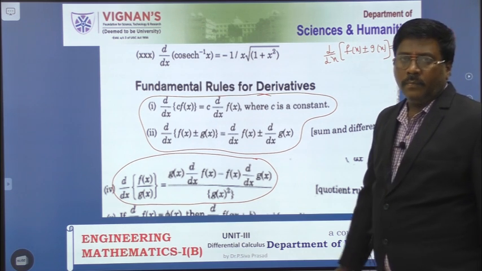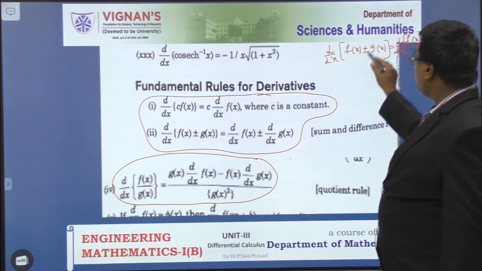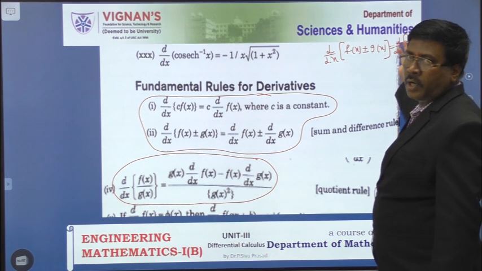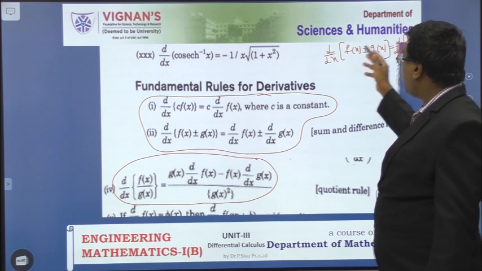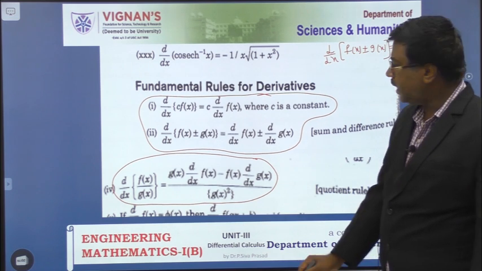When a function has addition or subtraction of different functions, the derivative is applied to each of the functions. Whatever sign you take, plus or minus, you put the same sign in the formula.